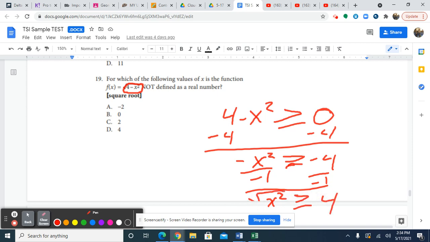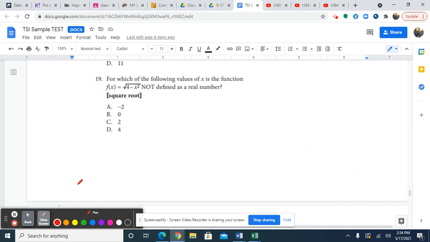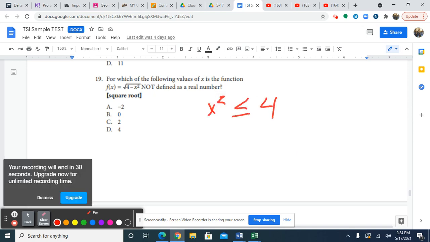By the way, I forgot to flip the inequality. So it should actually be x squared is less than or equal to positive 4. If we take the square root of both sides, we have x is between negative 2 and positive 2.